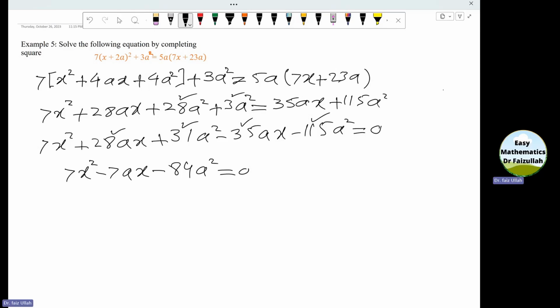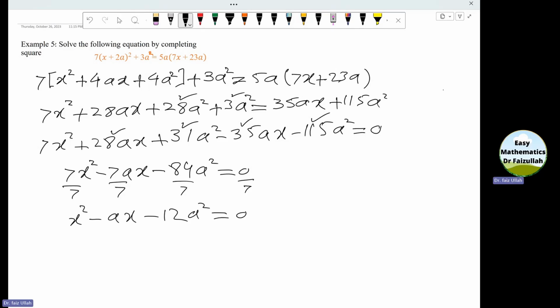And this is standard quadratic equation. Now divide each term by 7 so that the coefficient of x square will be equal to 1. So we have x square minus ax minus 12a square is equal to 0.